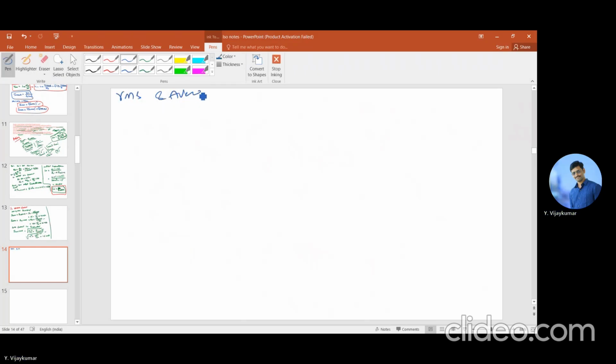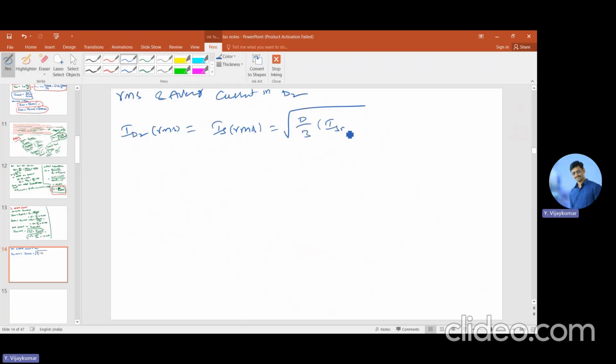The formula here is ID2 RMS is equal to IS RMS, equal to the square root of D by 3 into IS minimum square plus IS minimum into IS maximum plus IS max square.